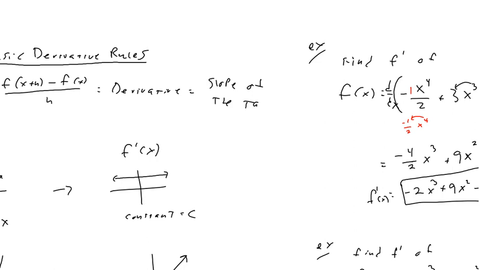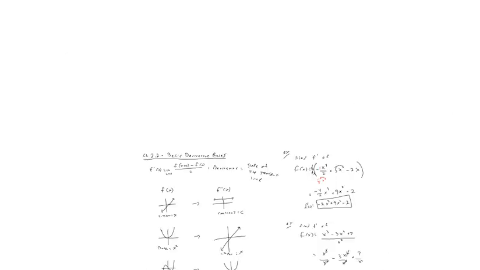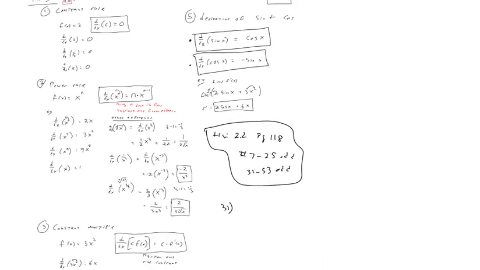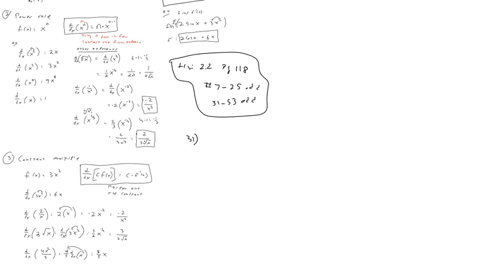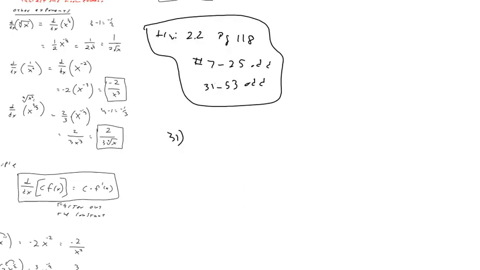So these equations that we're finding tell us the slopes of these lines. So if I wanted to, for example, find the slope of the tangent line at a certain point.